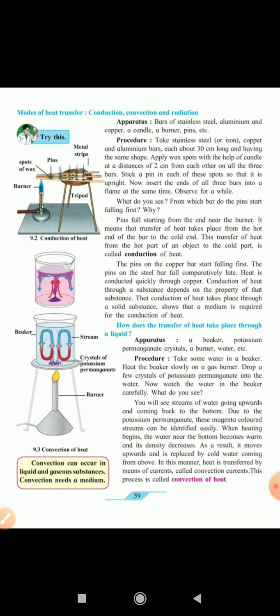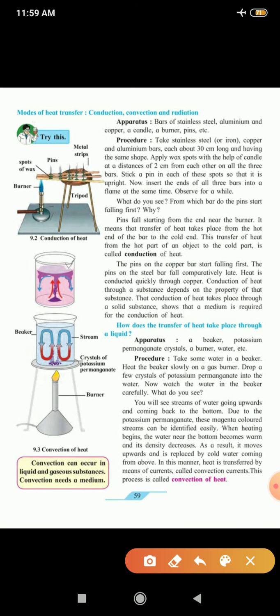Apparatus: bars of stainless steel, aluminium and copper, a candle, a burner, pins, etc. Procedure. Now you can see in the picture here 9.2, conduction of heat. Take stainless steel or iron, copper and aluminium bars, each about 30 centimeters long and having the same shape.